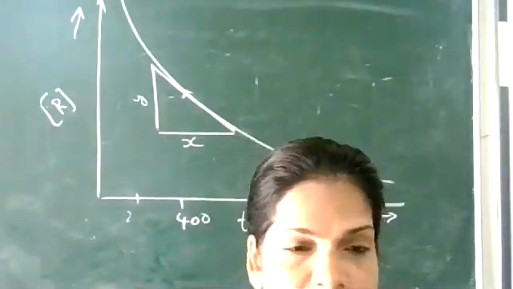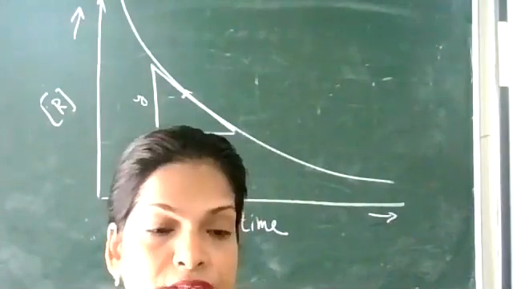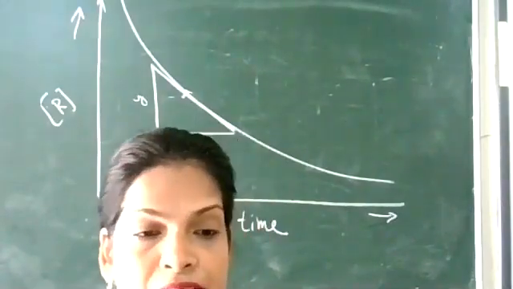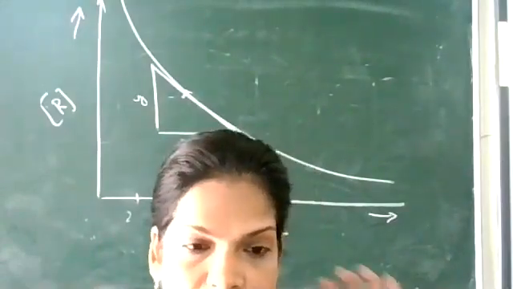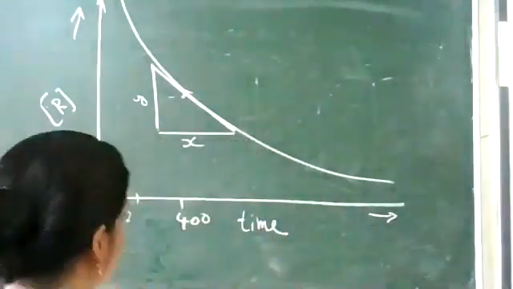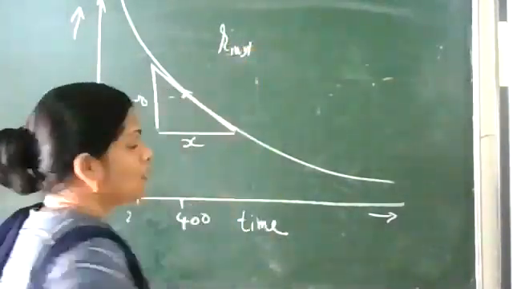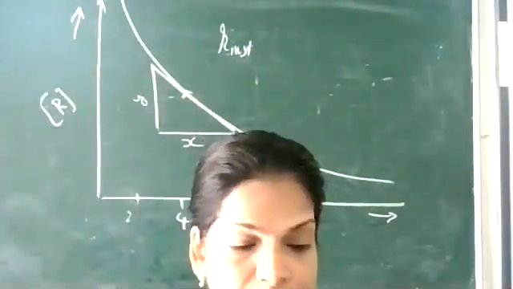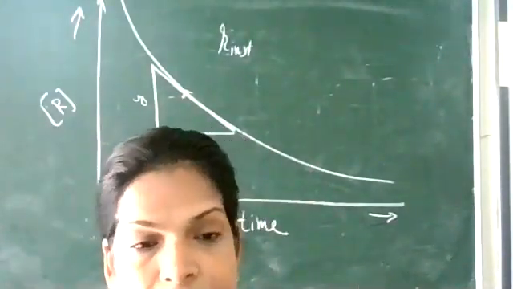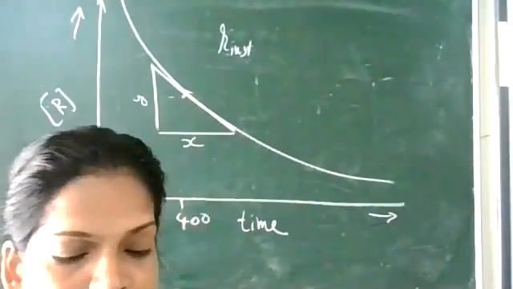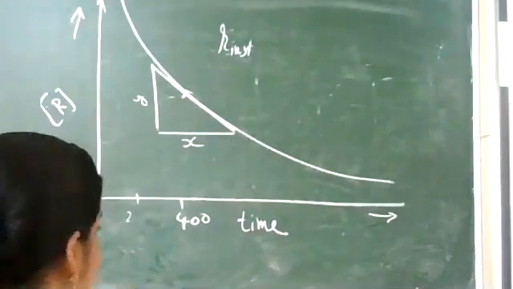So for average rate, we said between 300 to 400 is the average rate, between 400 to 500 is the average rate. But at 250 seconds, or at 400 seconds, that is the instantaneous rate. How are we getting the instantaneous rate?